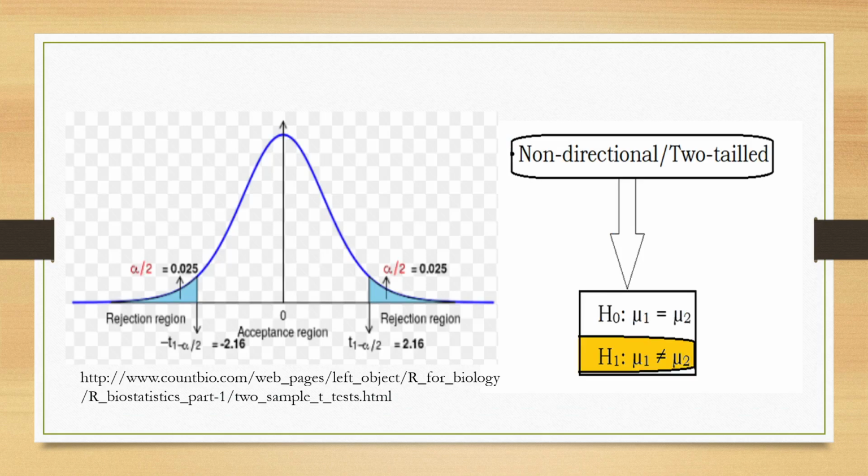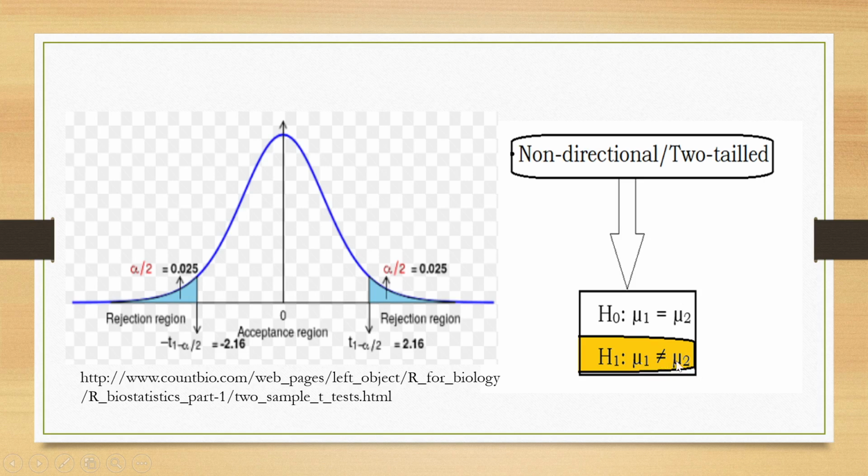When you look at the null hypothesis, you'll find that the means of the variables are related through the equal sign, whereas in the alternative, the means of the variables are related through the inequality sign.